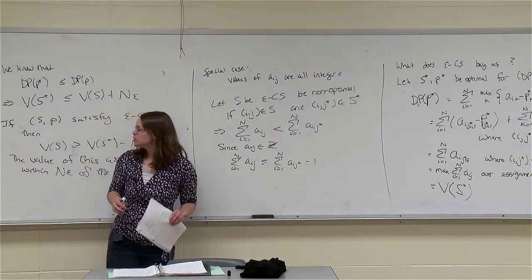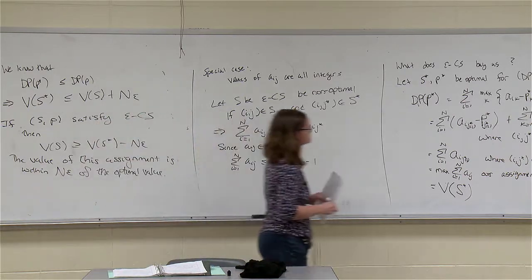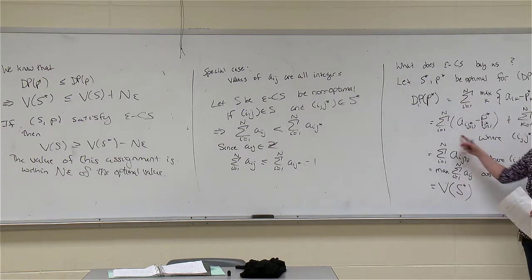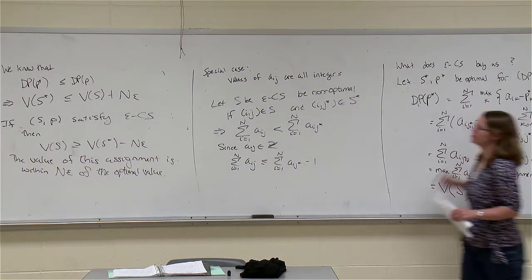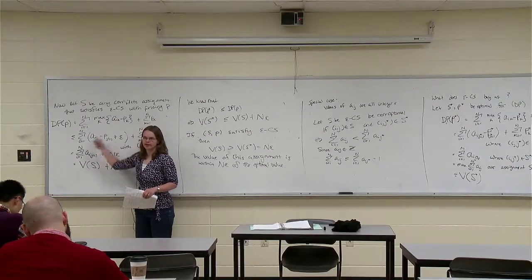And we have a relationship between these things. We knew that the sum of the optimal things over here was less than or equal to the sum of the non-optimal things plus n epsilon.